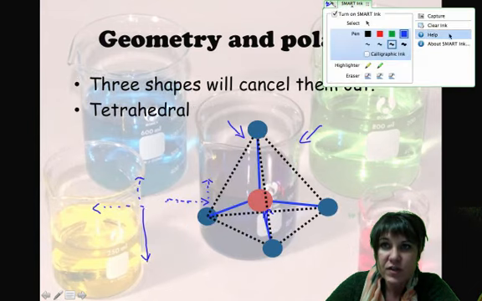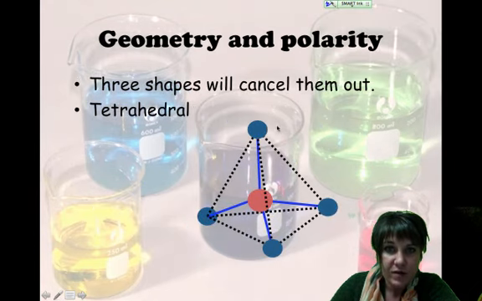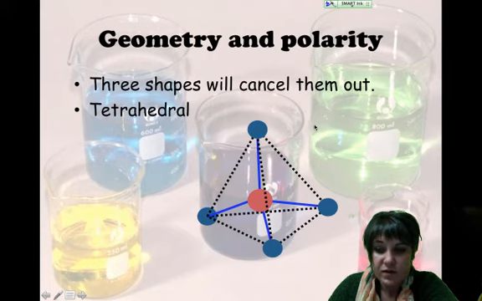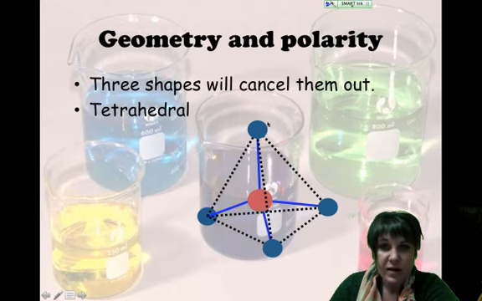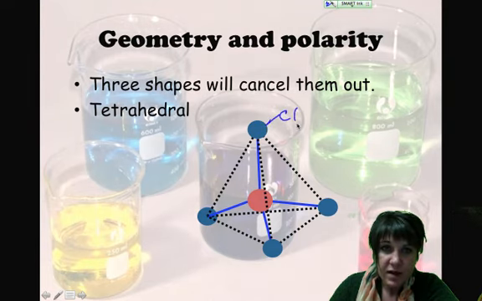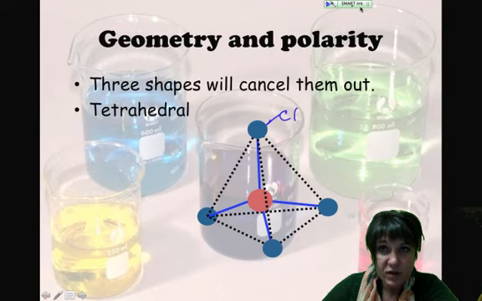And then tetrahedral shapes, as long as all your atoms are the same, their vectors for the dipole moments also cancel each other out. Now if I were to replace this with some other atom, say these are all hydrogens and I put chlorine here instead, now I've changed the geometry so that they won't all cancel.